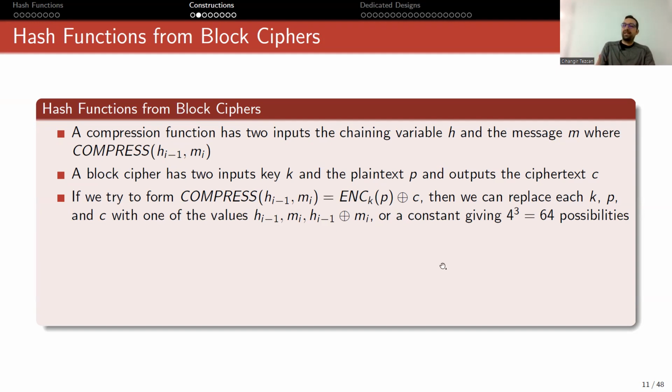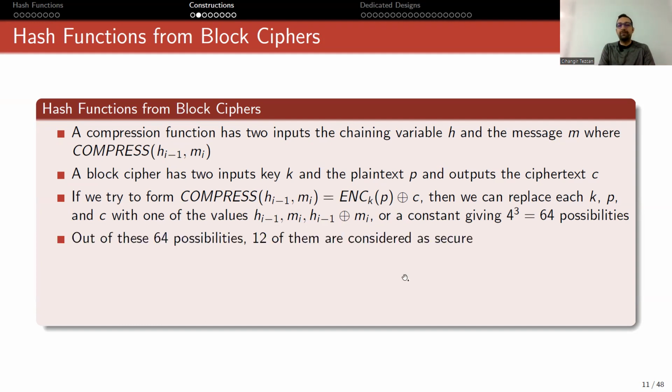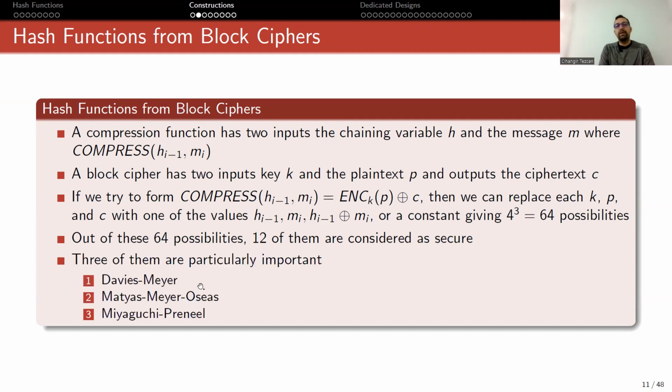This gives us 64 different ways to create a hash function from a block cipher. Instead of looking at all of these 64 possibilities, we will look at only 3 of them. Out of these 64 possibilities, 12 are considered secure, but 3 of them are particularly important: Davies-Meyer, Matyas-Meyer-Oseas, and Miyaguchi-Preneel.